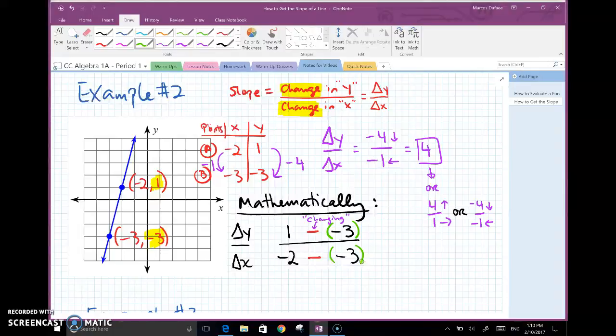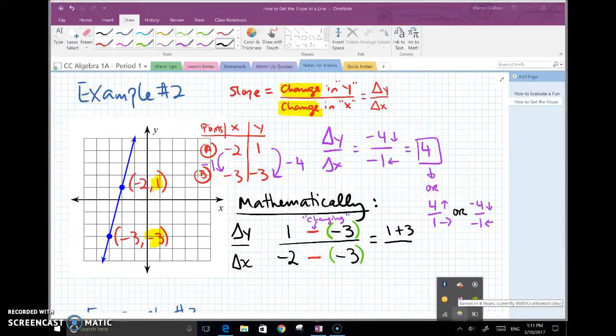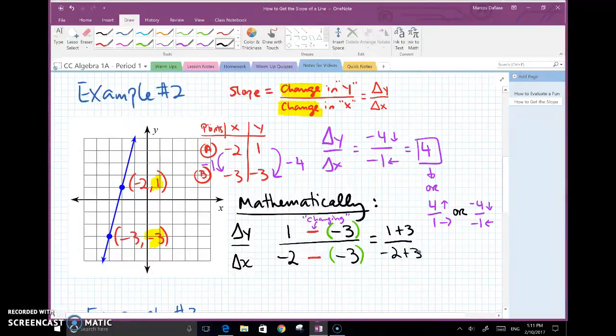So when you create a simple separation with parentheses, your brain sees, oh, I have a negative of a negative, so I know what to do with that. The opposite of a negative 3 is a positive 3. So this then becomes 1 plus 3. So now this becomes negative 2 plus 3 down there.